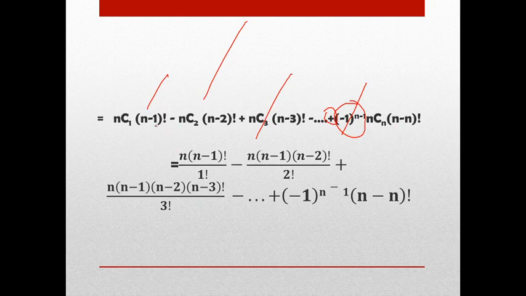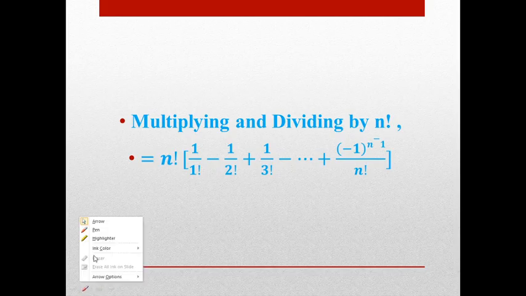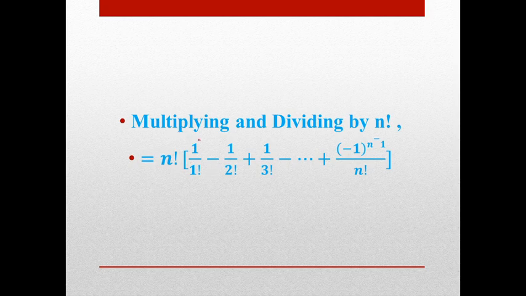If you simplify this, nC1 is n by 1 factorial, then n into n minus 1 by 2 factorial, and the last term is minus 1 the whole power n minus 1, with nCn equal to 1. Multiplying and dividing by n factorial, we get n factorial times (1 minus 1 by 1 factorial plus ... plus minus 1 the whole power n minus 1 by n factorial).